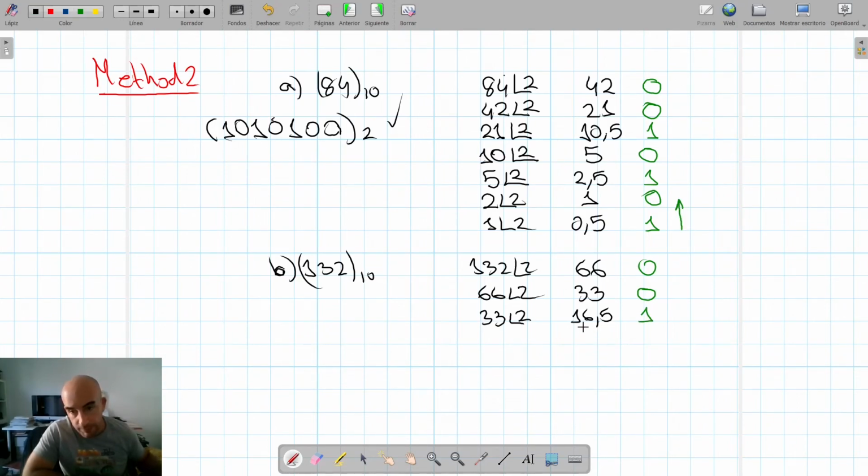We divide it by 2, and that's going to be an 8, and as it's an exact division, it's 0. 8 divided by 2 is 4, 0. 4 divided by 2 is 2, that's a 0. 2 divided by 2 is 1, and it's again another 0.